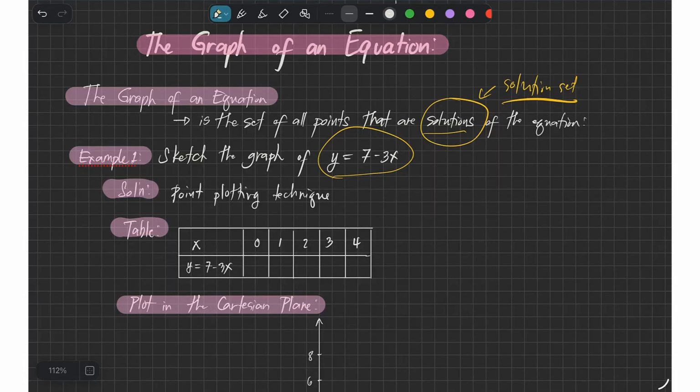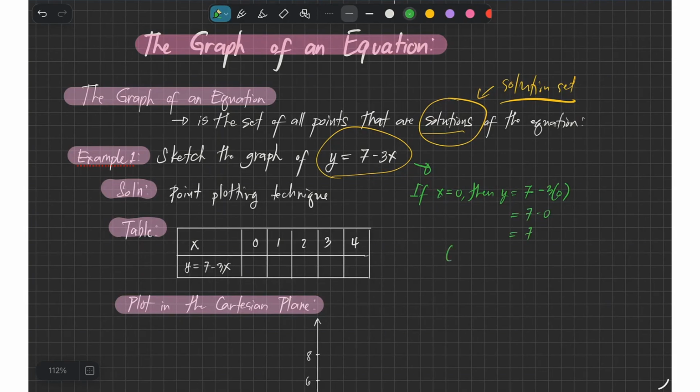So, using this equation, if x is equal to 0, then y equals, palitan po natin ng 0 yung x dyan. So, magiging 7 minus 3 times 0 and 7 minus 0, and the answer is 7. Okay? So, ang first coordinate po natin dito ay magiging 0 at saka 7.